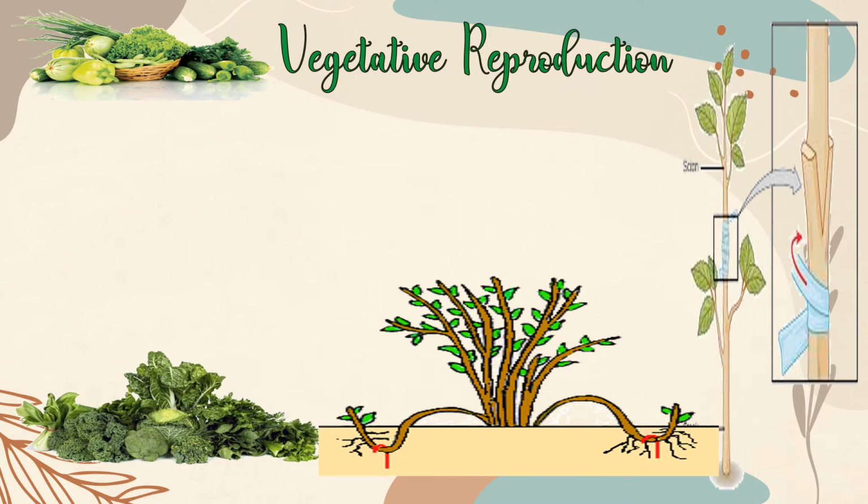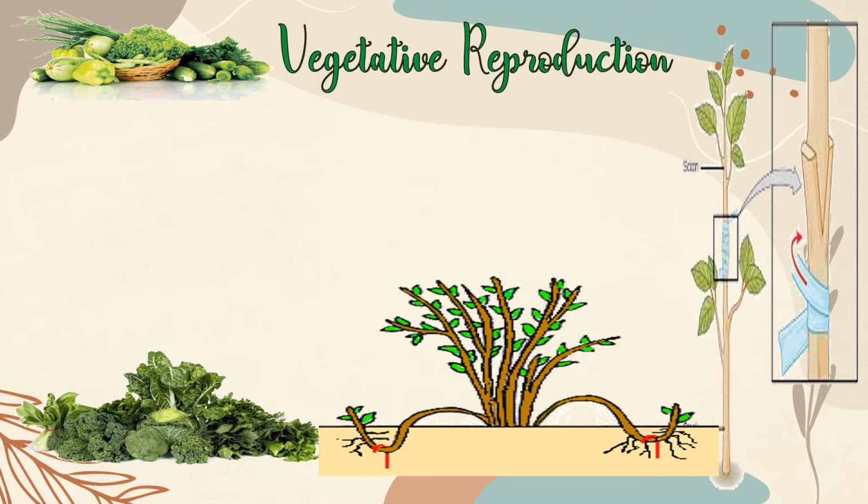When we say vegetative reproduction, it is the process wherein some plants reproduce with their stems, roots, and leaves. This type of reproduction is considered asexual reproduction. They don't need seeds. Therefore, there is no union of a sperm cell and an egg cell that takes place.